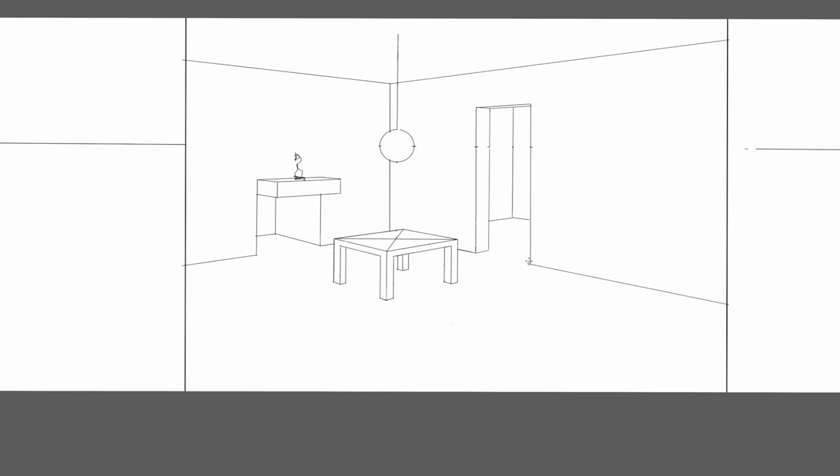So all I need to do is find the middle of one of those, either the opening of the fireplace or the opening of the door, and project a line up from there, okay, up the wall, and you'll see what I mean here in a second.